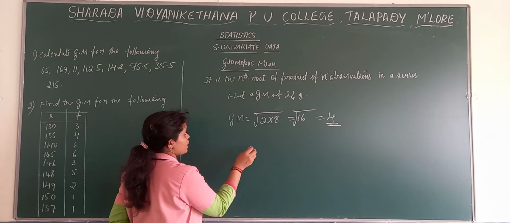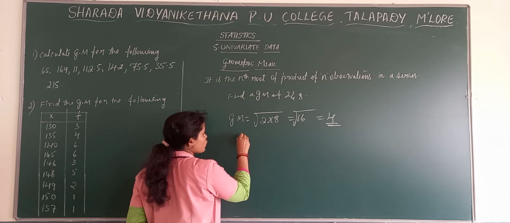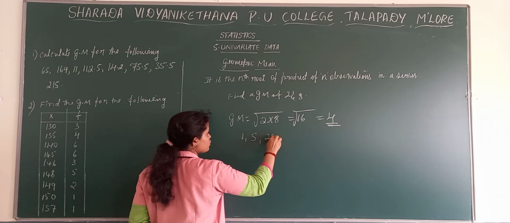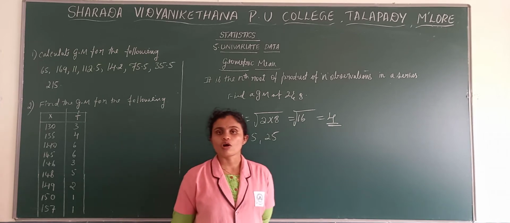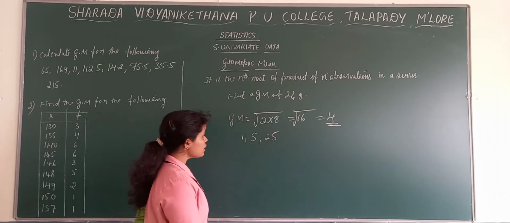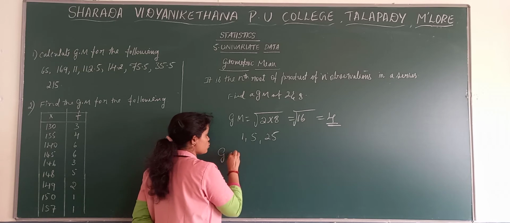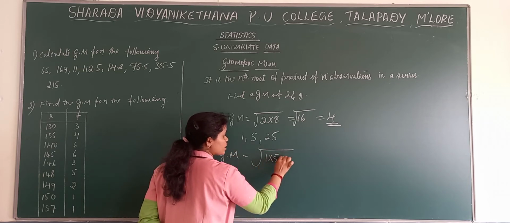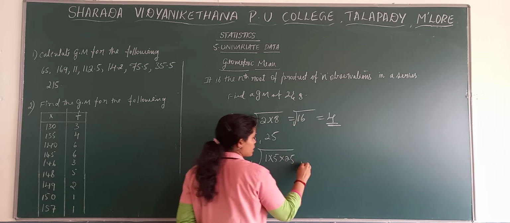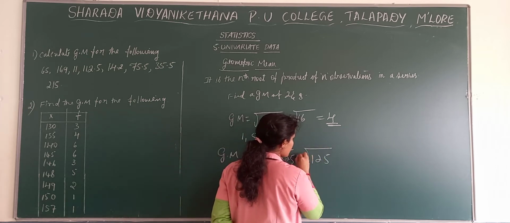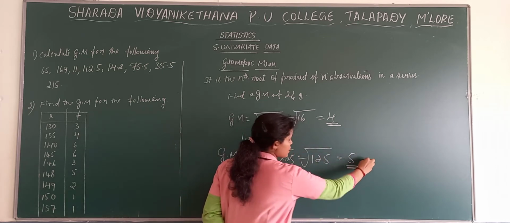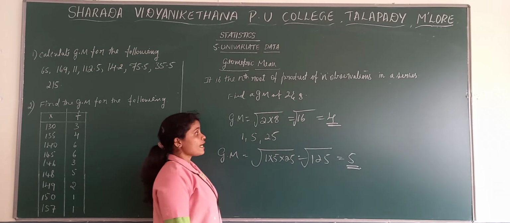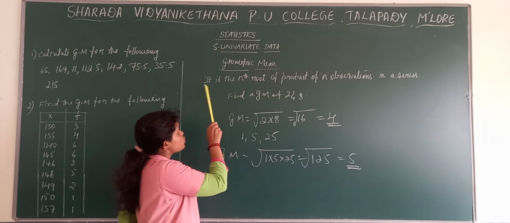Now one more example. Find the geometric mean of 1, 5 and 25. So how will you find it? Geometric mean is the cube root of 1 into 5 into 25. You get 125. The cube root of 125 is 5. So that's what we call the geometric mean.